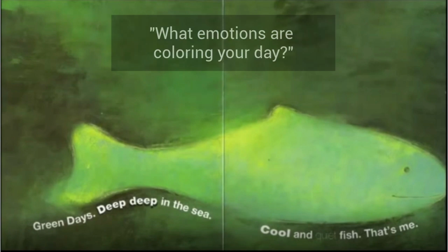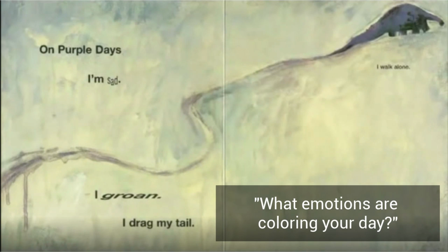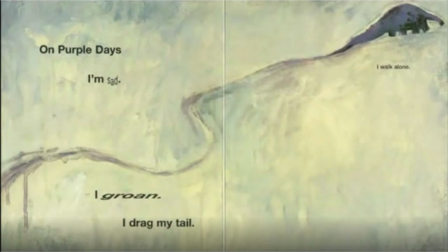Green days, deep in the sea. Cool and quiet, fish, that's me. What emotions are coloring your day? On purple days, I'm sad. I groan, I drag my tail, I walk alone. What emotions are coloring your day?